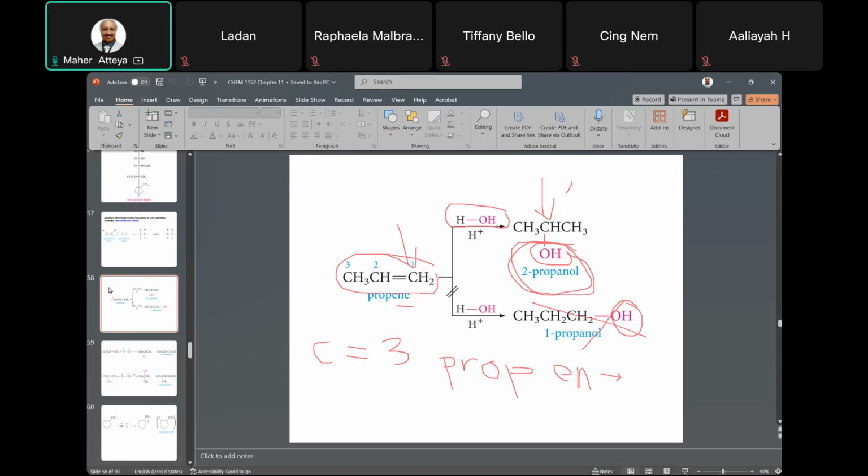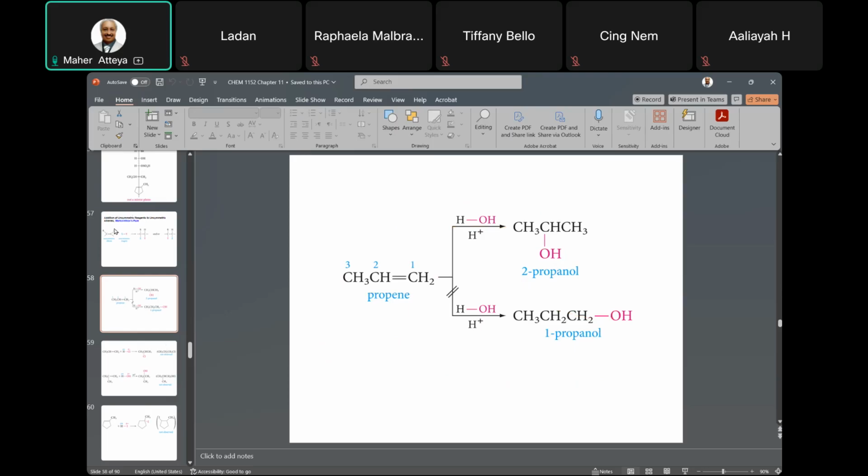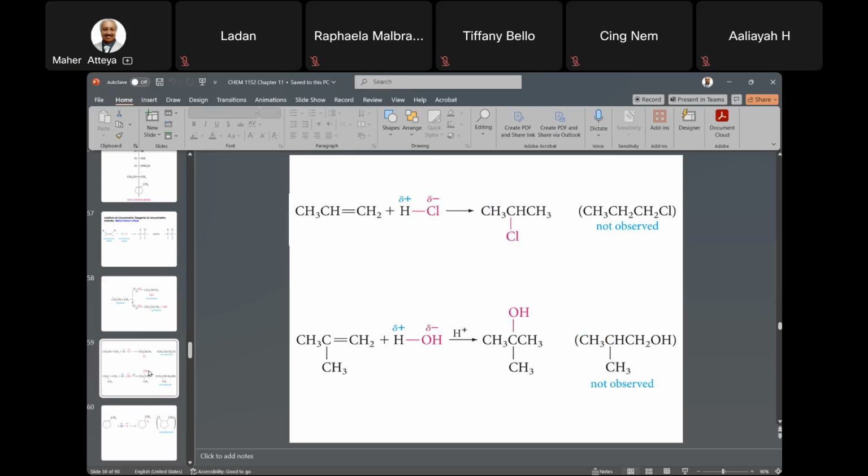We'll go to the second one. We are going to the reaction here. Here, the same thing with the double bond: the double bond will open up to make a single bond.